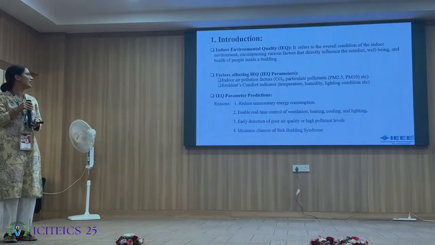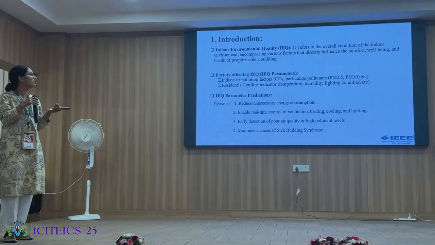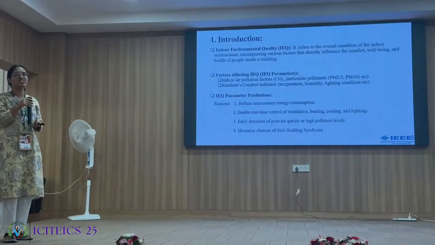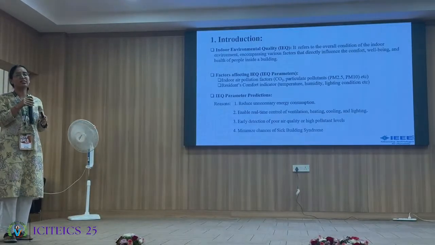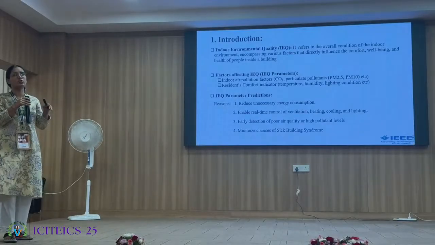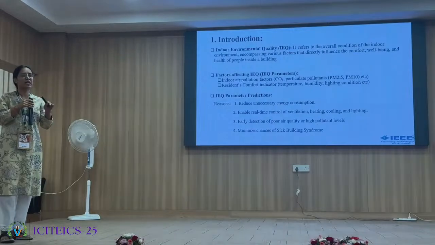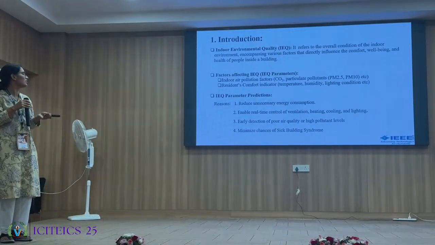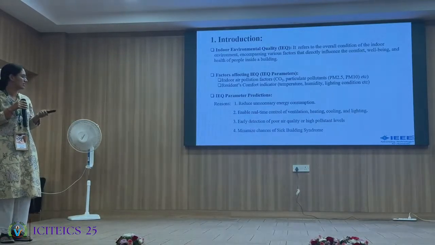If we are able to predict temperature or humidity, we can reduce the energy consumption. In addition, if we can predict the air pollution factors, then we can make changes so that the pollution level of the building remains normal. And heating, cooling, and lighting conditions can also be monitored continuously.